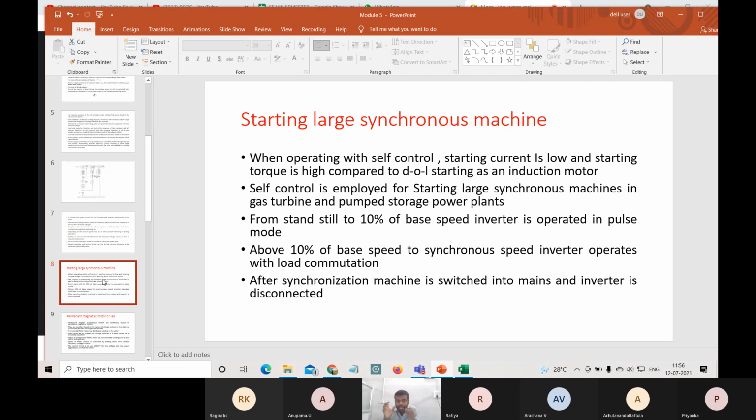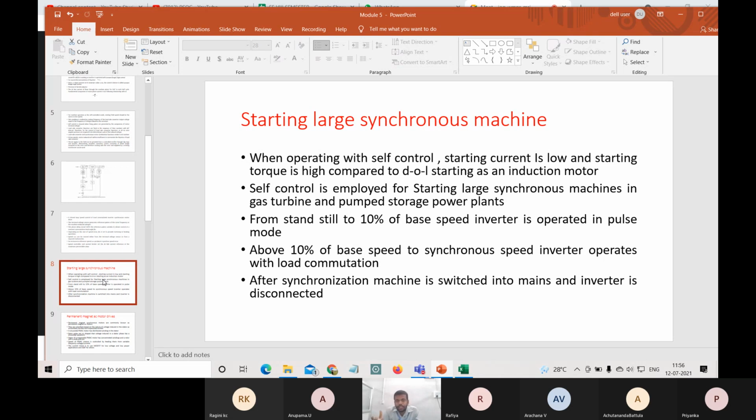So from 0 to 10% of that base speed, the inverter is not going to commutate. If you are operating above 10% of the base speed, the inverter operates with load commutation because it gets the desired amount of current.